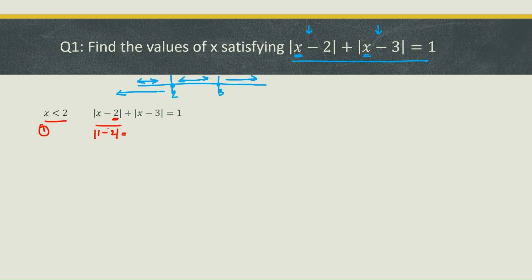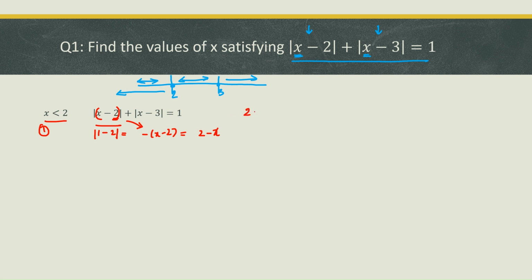But if I take the mod, that would be positive. So as we have seen, the property of mod is if you take the mod of a negative, it gives the negative of it. So the output of this modulus would be negative of x minus 2, that is 2 minus x.